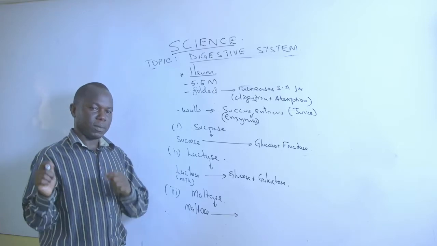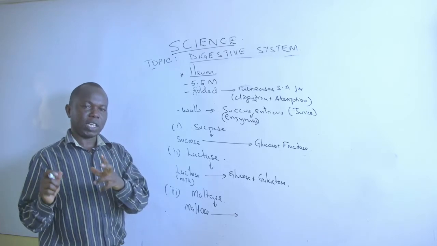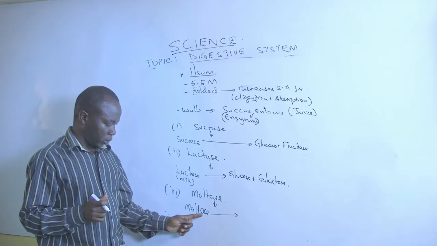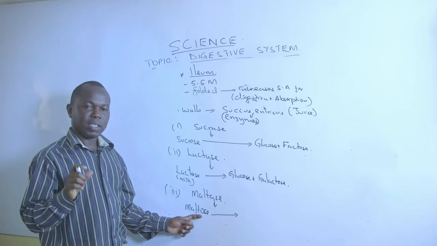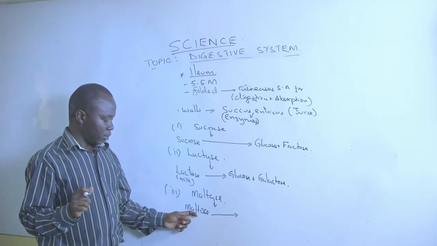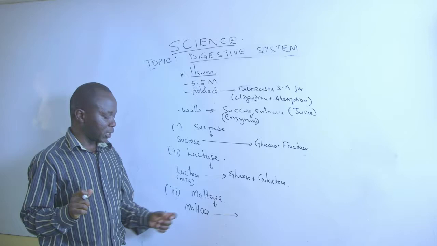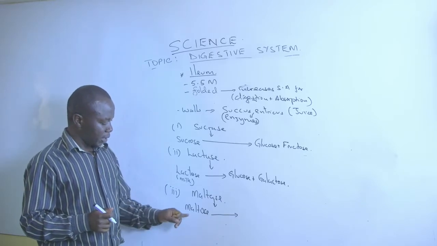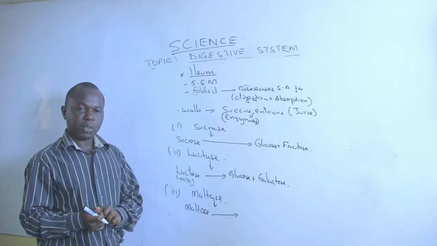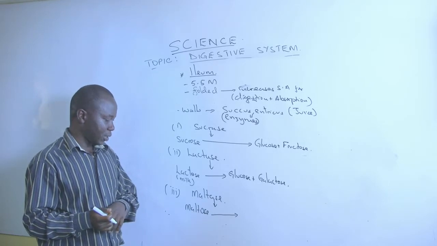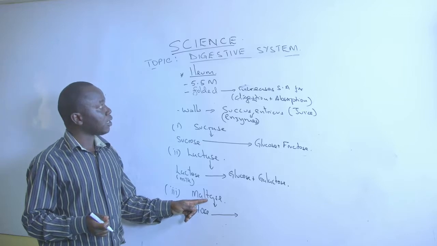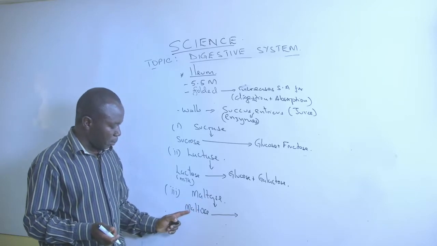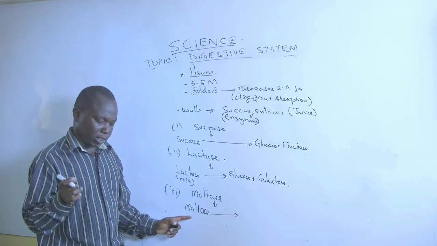Amylase breaks down starch into maltose. But that's not the final or simplest unit of starch. That is a disaccharide, which has to be broken further to form a monosaccharide. That is in the ileum. So maltase comes in handy to complete the digestion of starch.